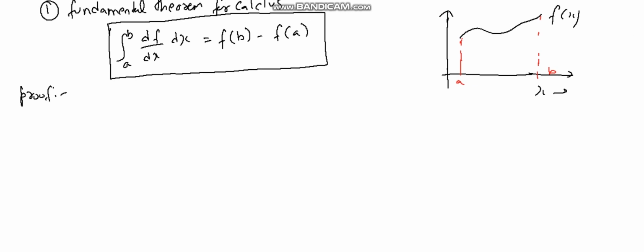So first of all, we will just divide. Let's say we take two lines parallel to the y-axis, and this is the point xi, and this is the point xi plus, let's say, delta x.